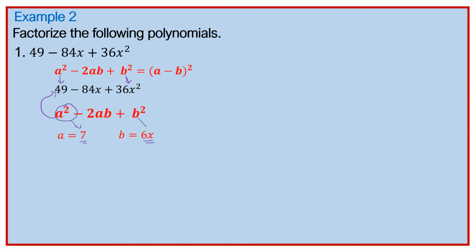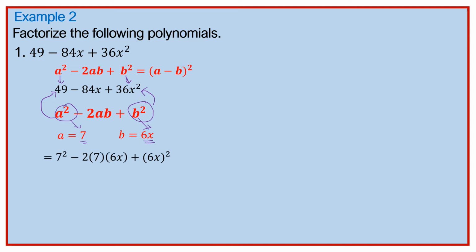b squared is the same as (6x) squared, such that b squared will be 36x squared.